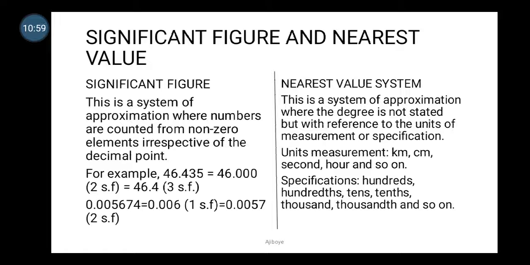So these are just units. But we can also have specifications. This specification refers to place values, so we have hundreds, tens, tenths, thousands, and so on. So you can be asked to approximate to the nearest place value. So let's look at an example.